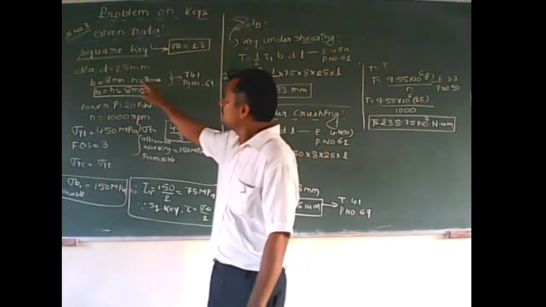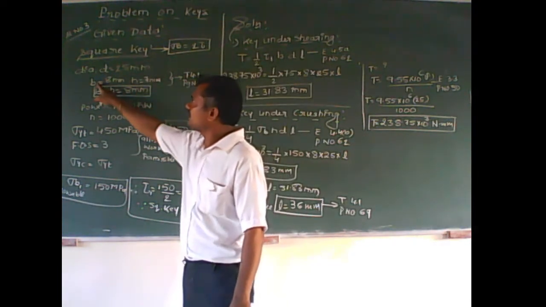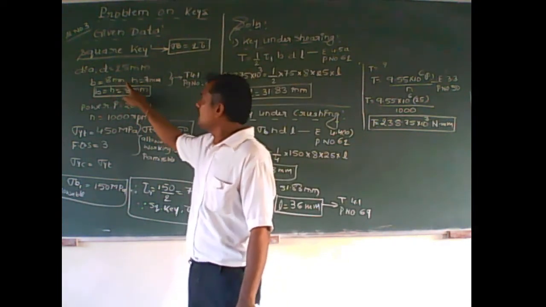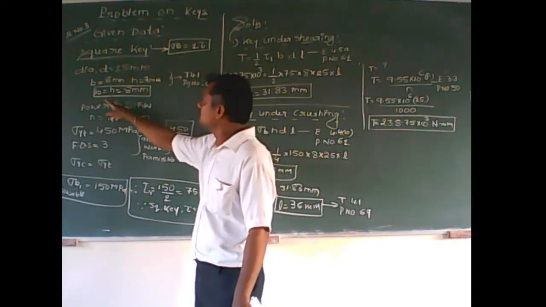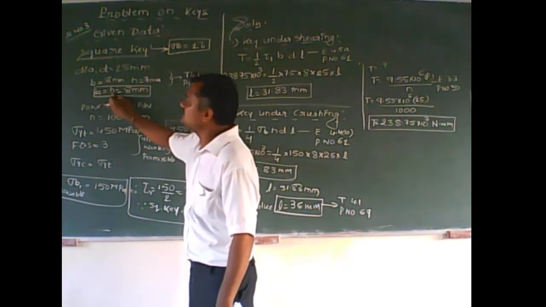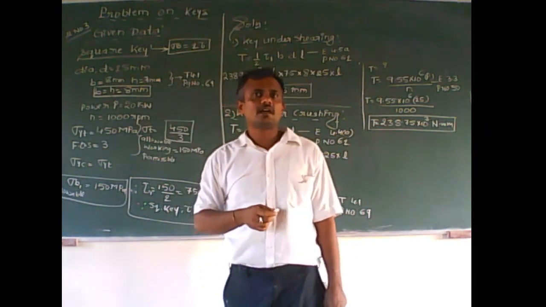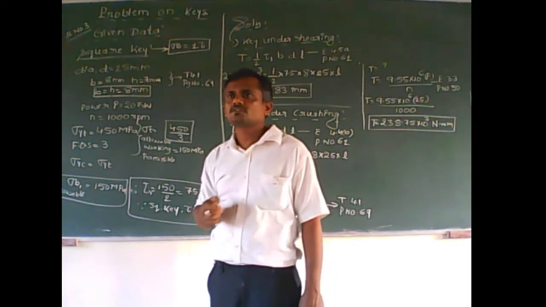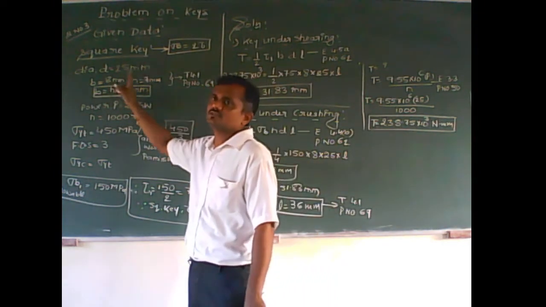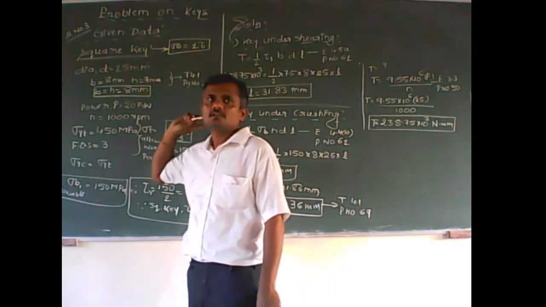In this, for a diameter of 25, we can take breadth equal to 8 and height equal to 7. Since it is a square key, I can take B equal to H equal to 8 mm. As it is mentioned in the problem that square key you have to use, I can take B equal to H equal to 8 mm.